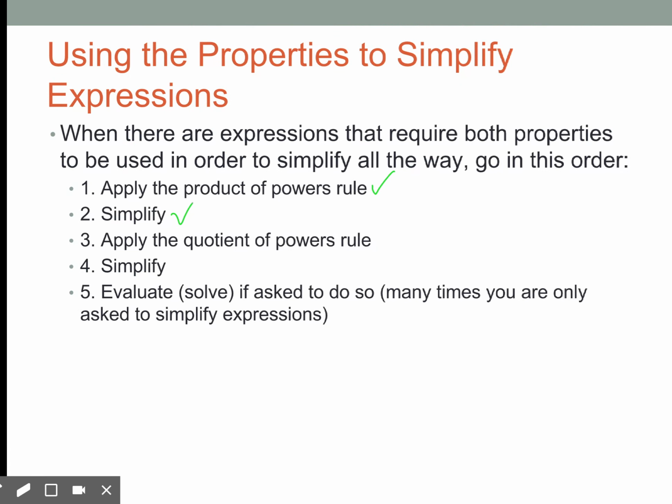Then you're going to apply the quotient of powers rule, then simplify as much as you can. And then step 5, which you won't be asked to do much on your assignments, is to evaluate or solve. Many times I'm just asking you to simplify, especially if variables are involved, because if you don't know the value of a variable, you cannot solve the problem.